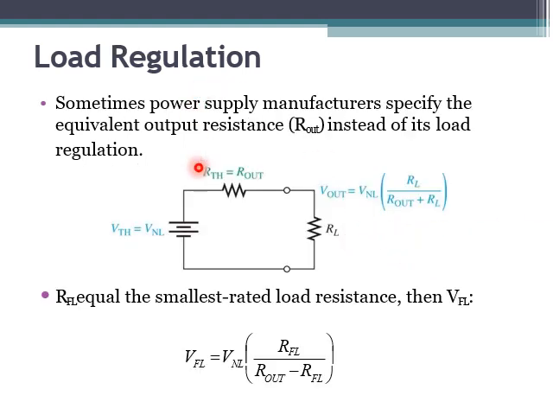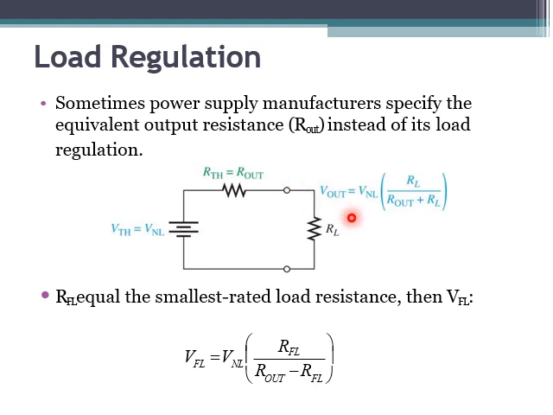Now, sometimes power supply manufacturers specify the equivalent output resistance, R_out, instead of the load regulation, right? How will you calculate V_out? When I have two resistors in series and I want to find the voltage across one resistor, I need to apply the voltage divider rule.